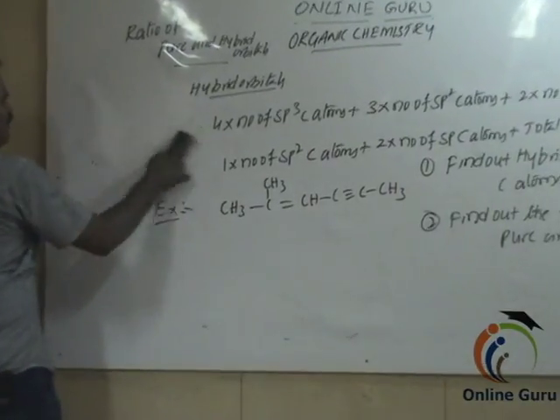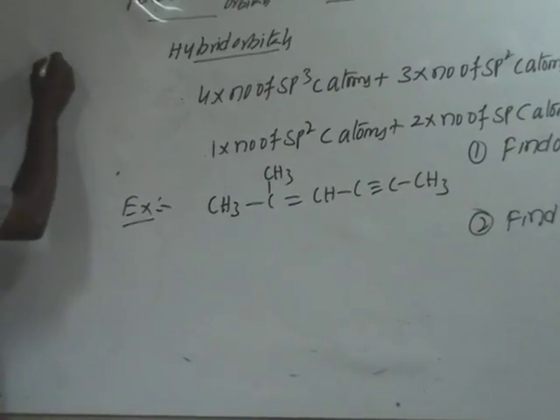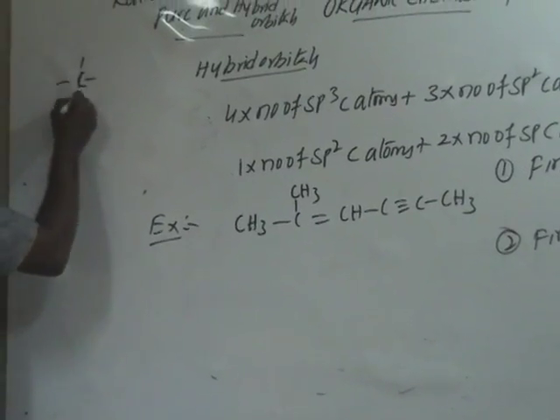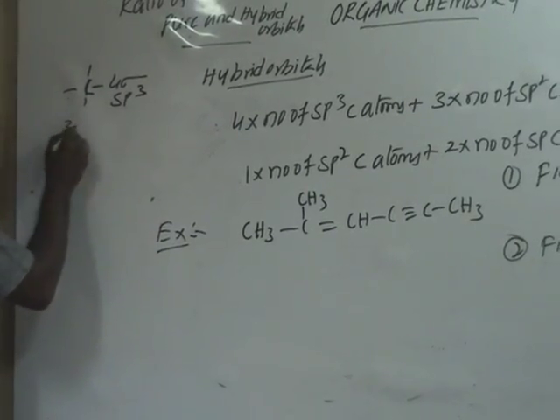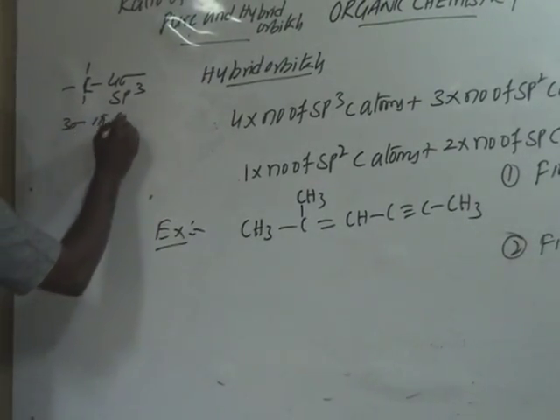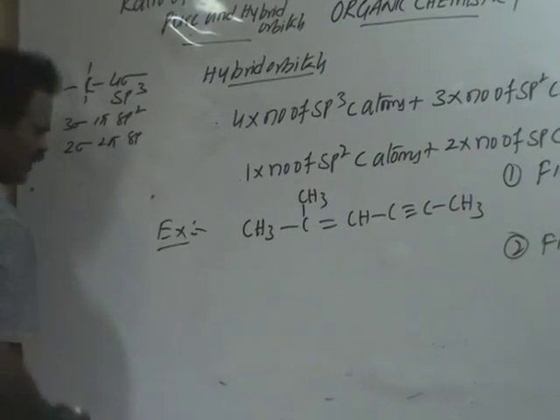First we have to check the carbon which is surrounded by 4 sigma bonds, that is sp3 carbon atom; 3 sigma and 1 pi, sp2 carbon atom; 2 sigma and 2 pi, sp carbon atom.